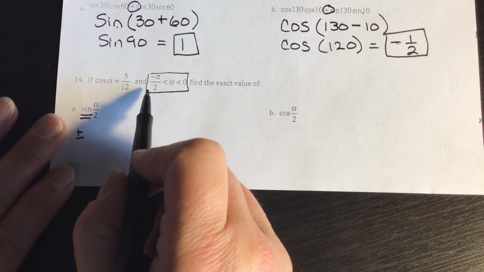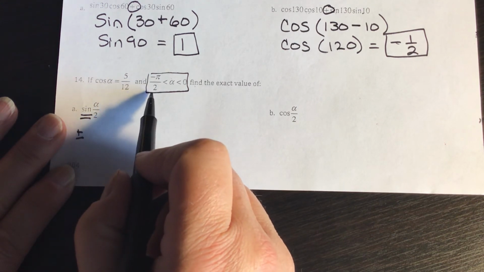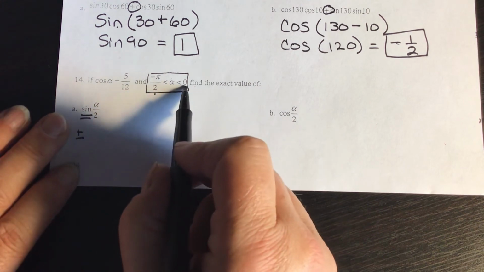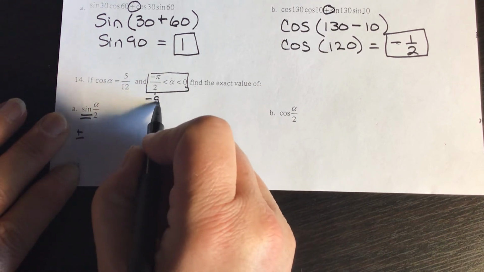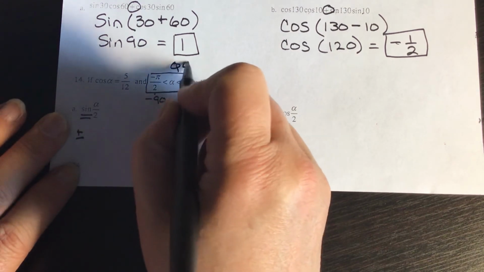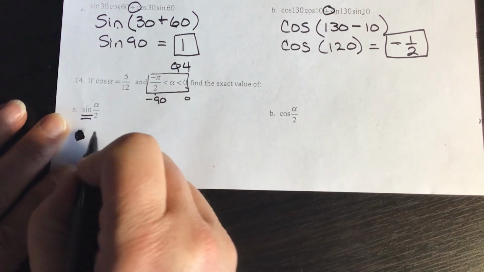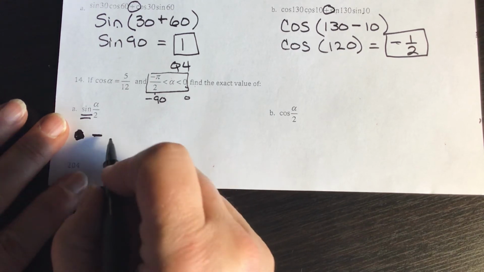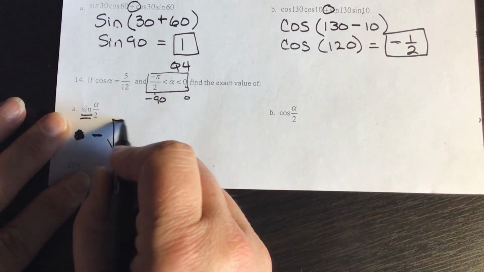This actually covers -pi/2, which is -90, and 0. So this is -90 and 0. This is quadrant 4. So it's not a typo. So it's just a negative value here in quadrant 4.